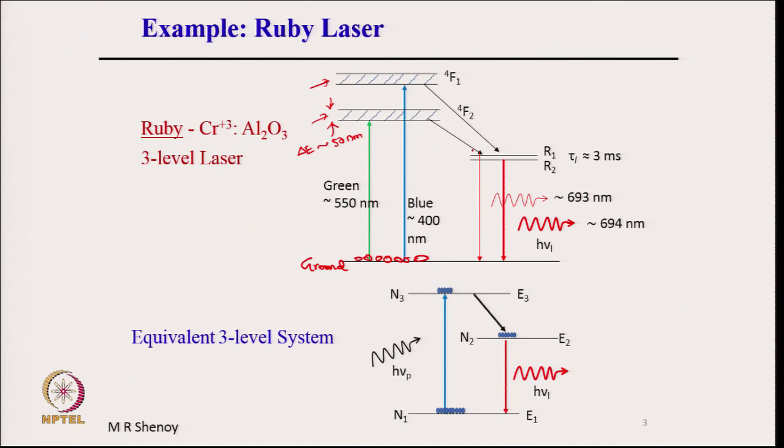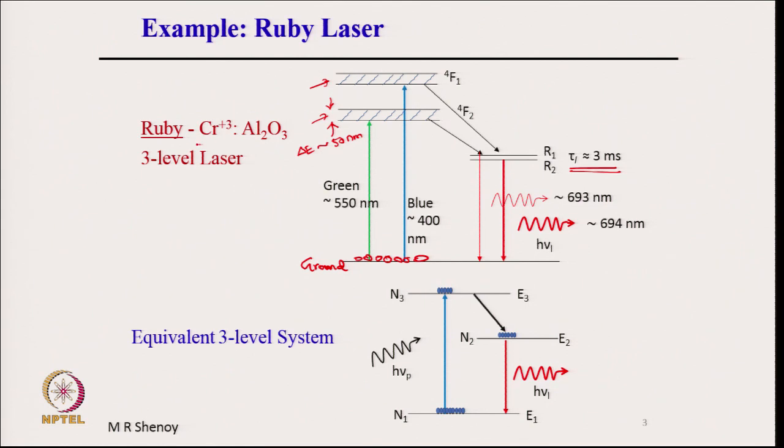These atoms rapidly come down to 2 intermediate states which are called R1 and R2. These are traditional nomenclatures. The levels R1 and R2 have a long lifetime, typically about 3 milliseconds in the case of ruby.